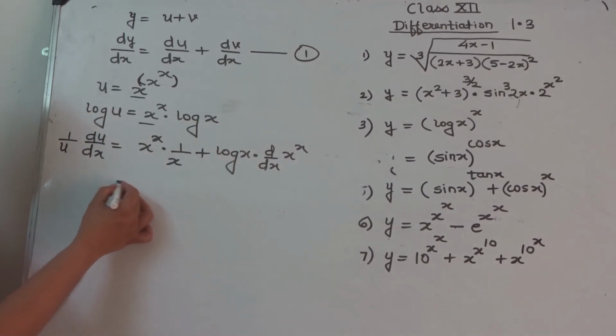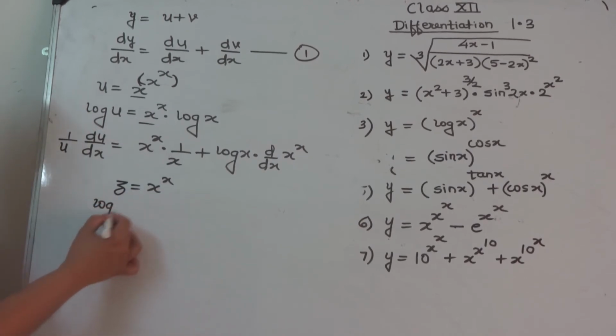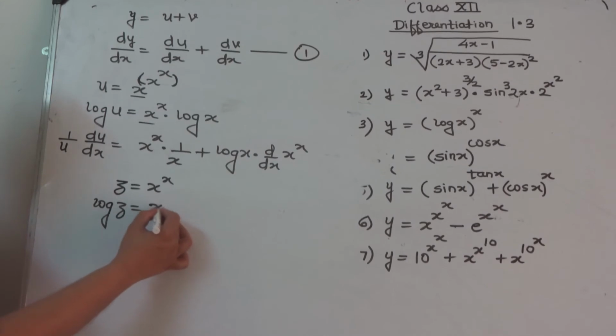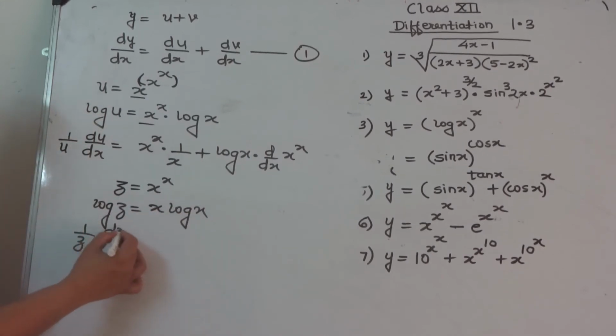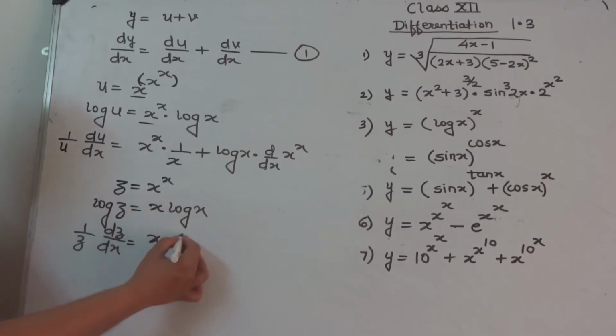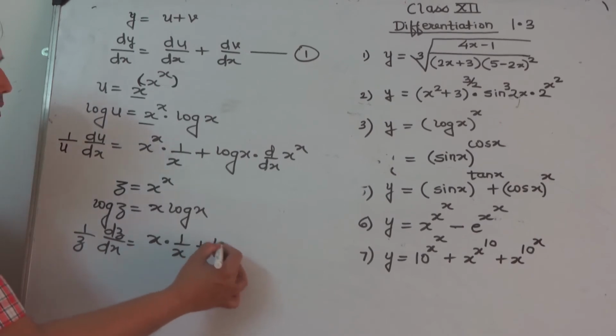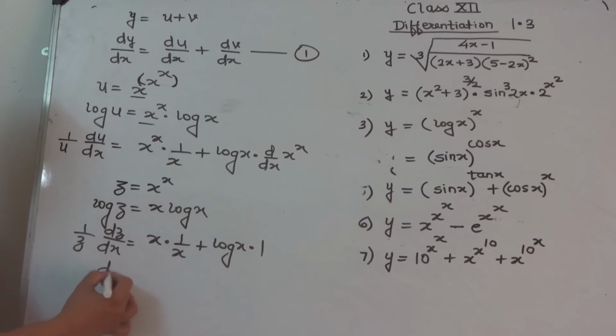So let us consider function z as x raised to x. Taking log, log z equal to x log x. Derivative: 1 by z dz by dx equal to x, derivative of log x is 1 by x, plus log x into derivative of x is 1. Cross multiply by z.